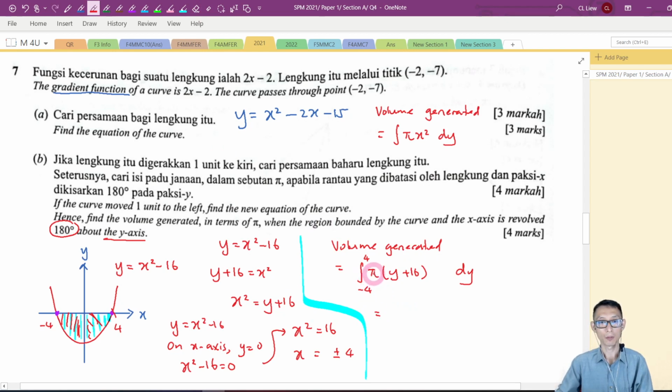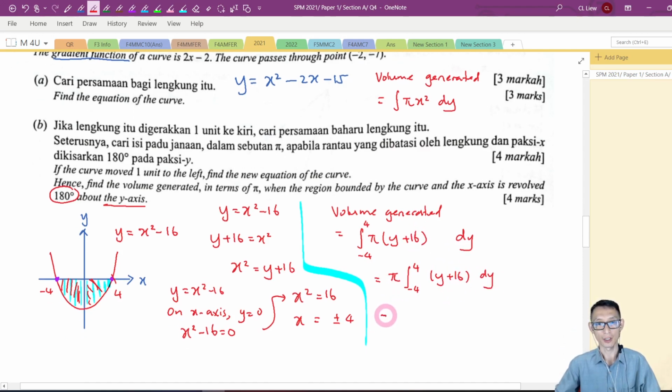Okay, let me bring out the pi first. Negative 4 and this is 4. This is y plus 16, dy. Now let me start the process of integration. So this is y squared over 2 plus 16y. Upper limit 4, lower limit negative 4.